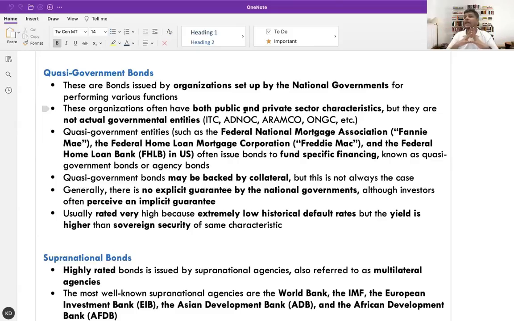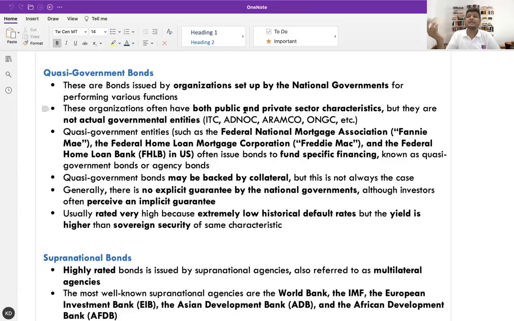Okay. So we cannot say that ITC, or for that matter ONGC or Aramco or ADNOC, are government companies. We use a word in India called PSUs, public sector undertakings, right? They were started by the governments, but of course, they are still controlled by the government to a larger extent.